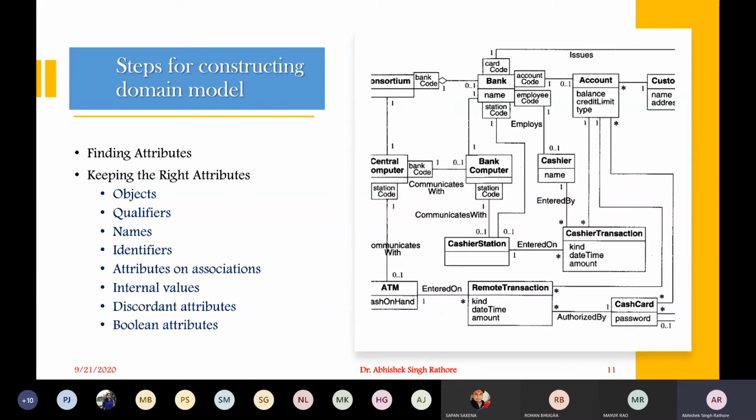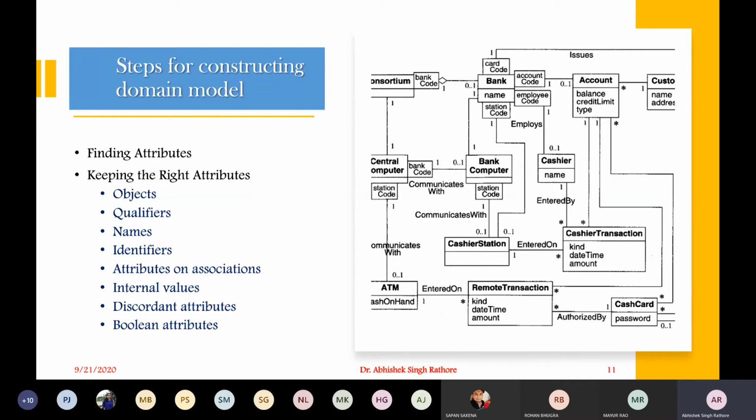Then we have another criteria, that is a qualifier. If the value of your particular attribute depends on the particular context, then consider restating your particular attribute as a qualifier. Let's say, for example, we have some employee ID or employee number. This employee ID or number is not a unique property of a person with two jobs. Let's say it qualifies the association, like a company employs a person.